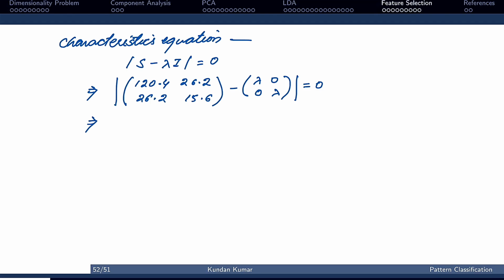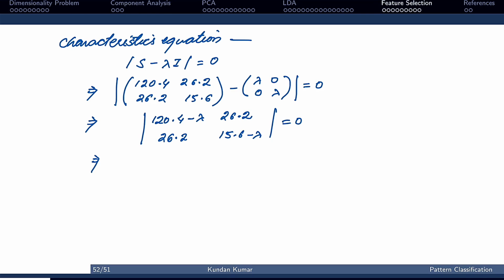So now we can write 120.4 minus lambda, 26.2, 26.2, 15.6 minus lambda, and we have to take the determinant.